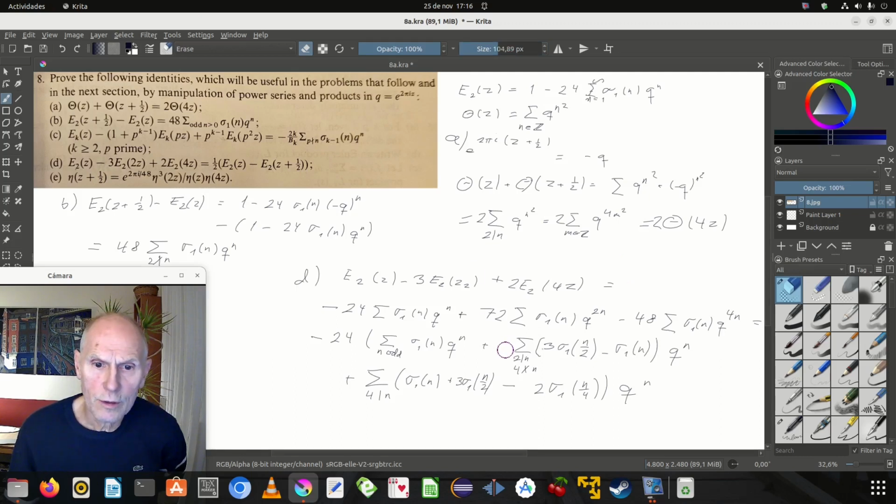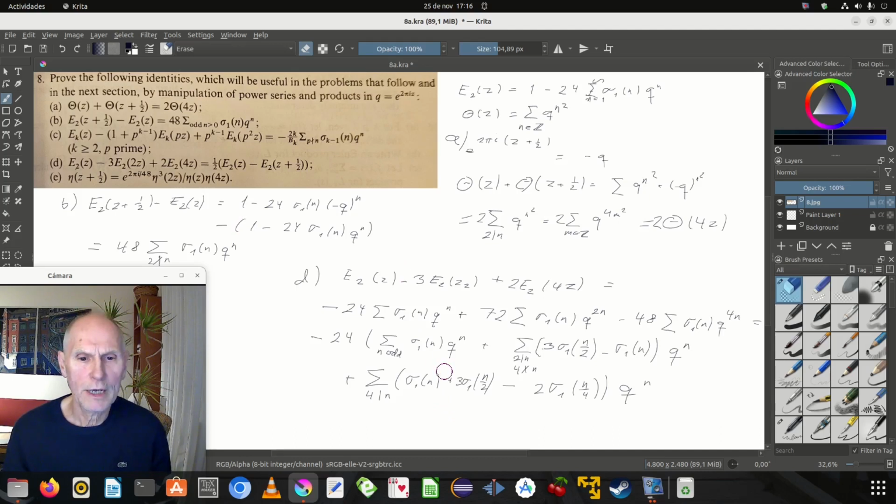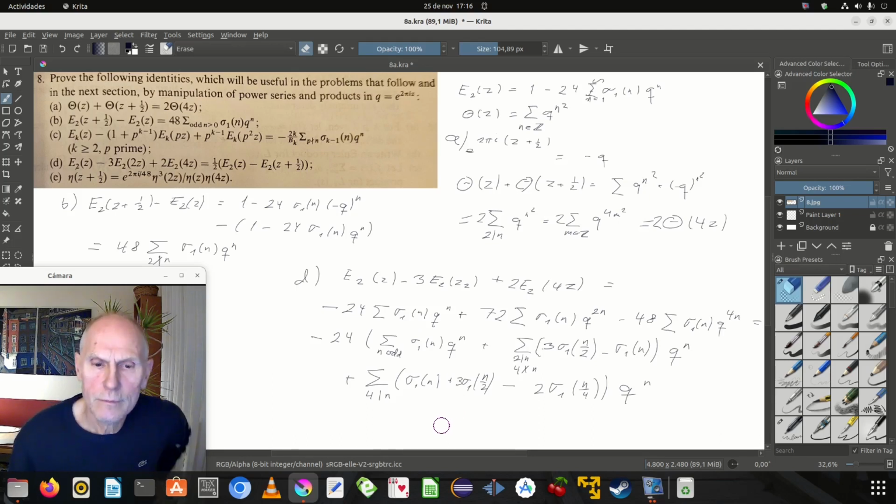And this number 2 shouldn't be there. I didn't expect this complication. So we need to compare the divisors, the sum of divisors of n and n half.